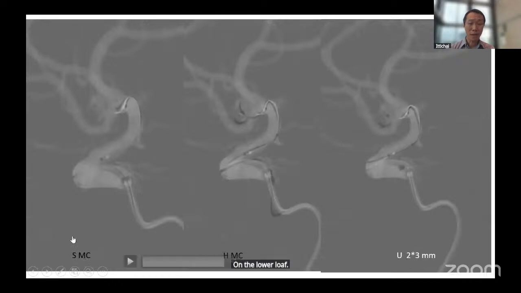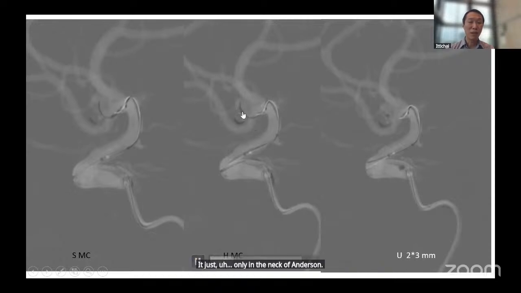But after I occluded the lower part, I tried to go into the upper lobe, and the microcatheter was very difficult. It could not follow deeper into the aneurysm sac. It was only at the neck of the aneurysm.